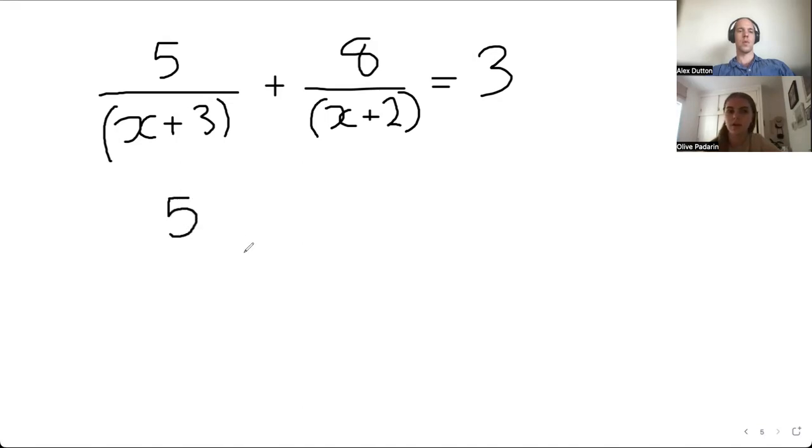It would become this. Okay, so if we multiply everything by x plus 3, it's going to become this.